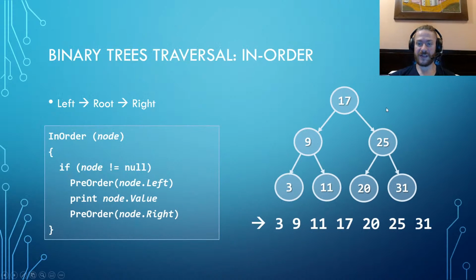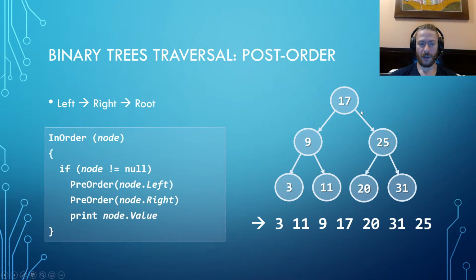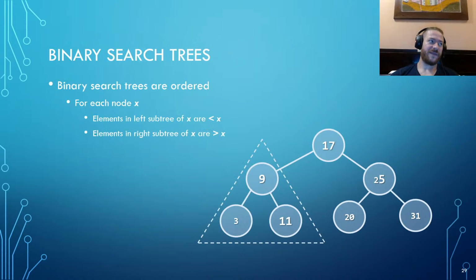So this is a good way to sort or extract the values from a binary search tree in a sorted manner. We are going to cover the sorting later. We're going to cover what a binary search tree is in general, what kind of definitions it has. So in-order is very important because it keeps the tree in a sorted order if we traverse it that way. So let's introduce a binary search tree.